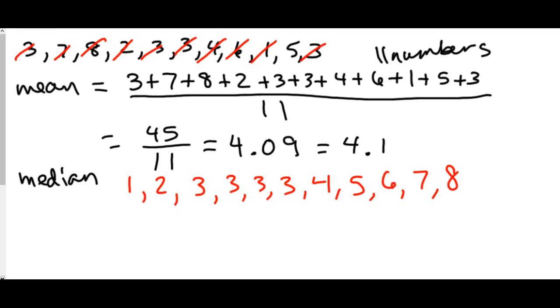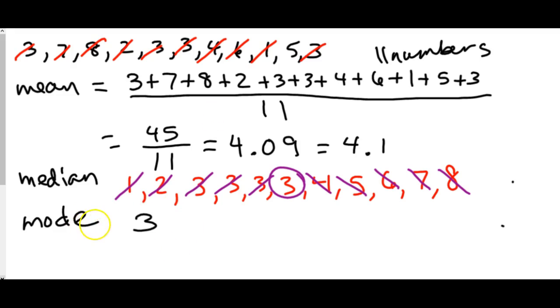We want the middle number. So I just cross out the first, the last, the second, second to last, third, third to last, fourth, fourth to last, fifth, fifth to last. What's left is the middle number, so the median is 3. The mode will also be 3 because mode is the number that occurs most often, and there are 4 3s.